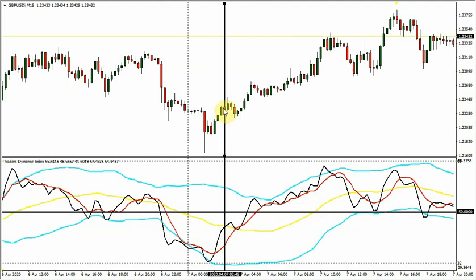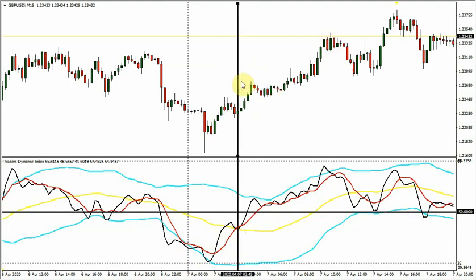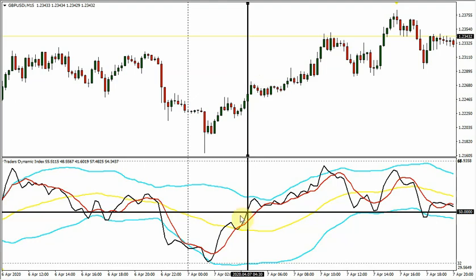So when you see a movement like this, for the most part price is going in your direction. However, what you can also look at is when it crosses the 50 level. That is either one potential entry or another confirmation that price is continuing the upward movement.